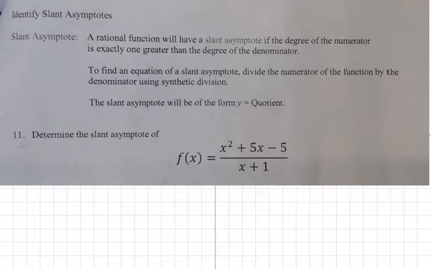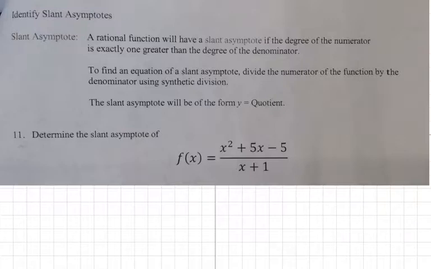Okay, the last part of section 3.5 discusses slant asymptotes. A slant asymptote happens in a rational function if the degree of the numerator is exactly 1 greater than the degree of the denominator. So if your degree in the numerator is 3 and the degree in the denominator is a 2, then you're going to have a slant asymptote.